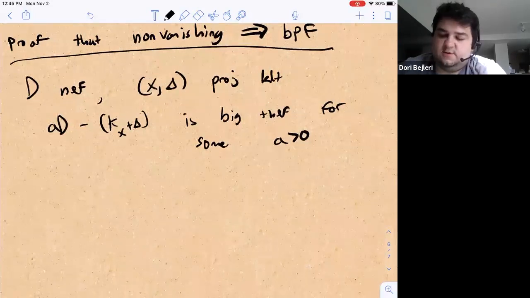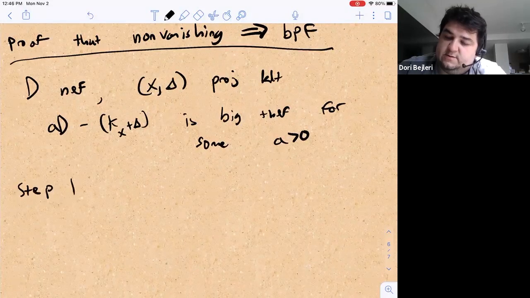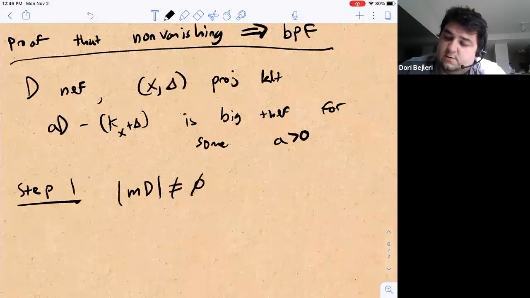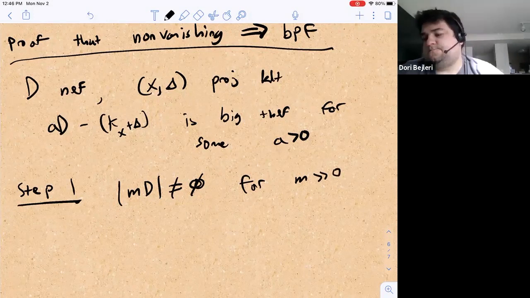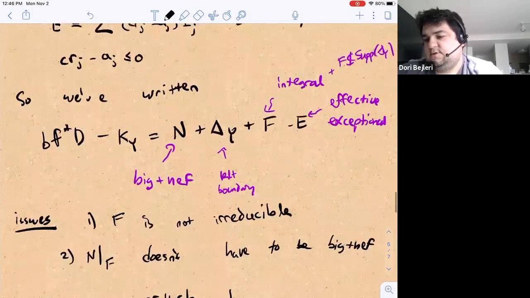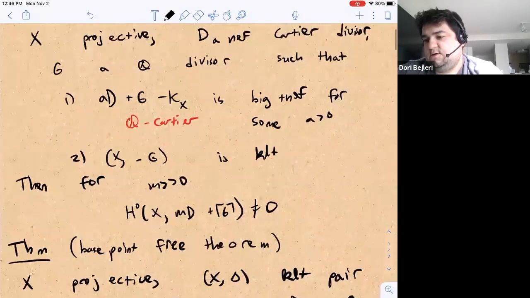Okay, so step one is that non-vanishing implies that MD has some sections. So let's go back and see what non-vanishing says.